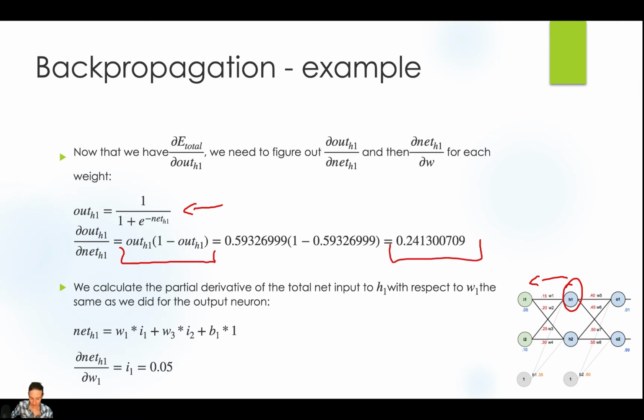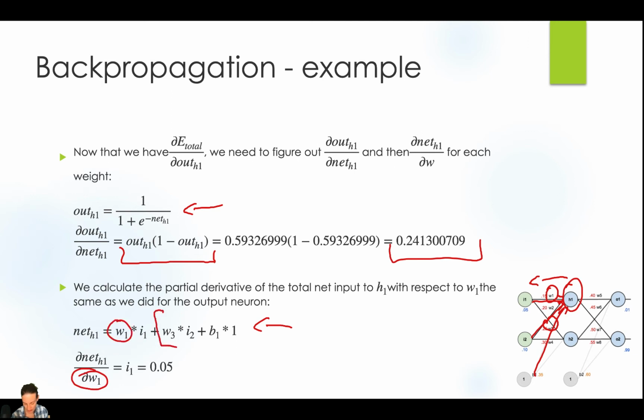Now, the next step back: first we had the sigmoid, now we have again the linear combination of weight 1 and weight 3. They all arrive in H1, and the bias 1. So this equation forms the network input to H1. Okay, so let's take the partial derivative for a change in W1.